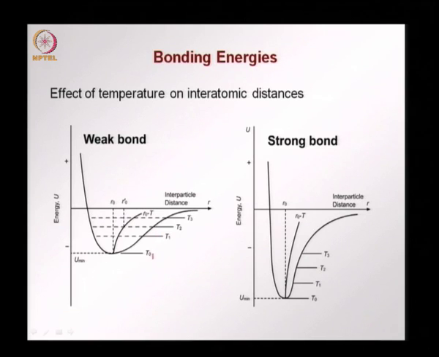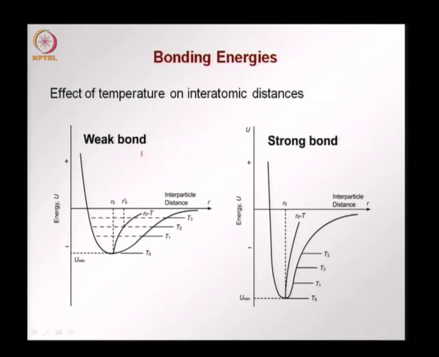As the temperature is increasing there is a larger oscillation, and the average of these oscillations, or the average of this separation, always is higher than R0. The difference between R0 and R0 prime is the expansion that the material undergoes at a certain temperature T2.